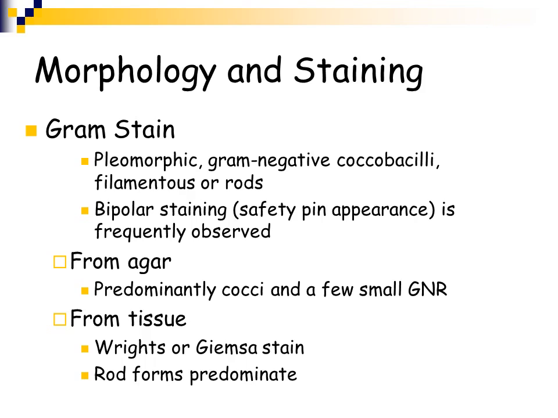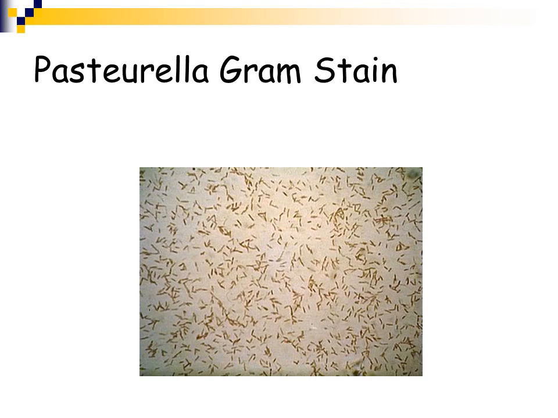On agar, usually you're going to get more of a coccobacillus under the microscope. If you grow this organism in more of a broth culture, or if you look at an infected tissue specimen, you will see the rod form.